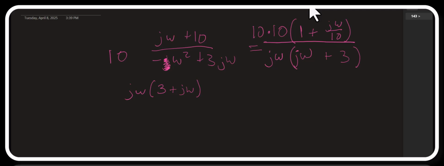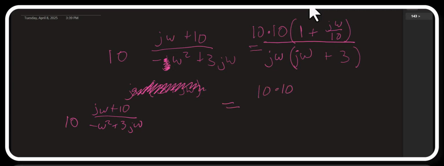So the original problem that I should have written should have been 10 j omega plus 10 over minus omega squared plus 3j omega. That should have been the original problem. And then in the numerator, I factor out the 10.